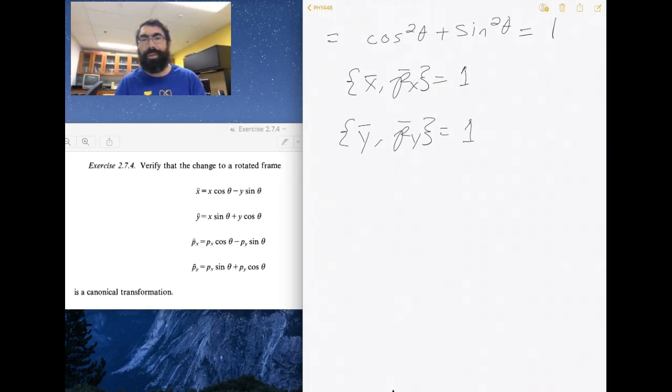So I'm not going to actually go through the last, the 6th Poisson bracket, but you've seen the pattern there, and we've gone through explicitly each of those derivatives, and all of these Poisson brackets confirm that this transformation, this rotation from x, y, px, py to x bar, y bar, px bar, py bar, is a canonical transformation.